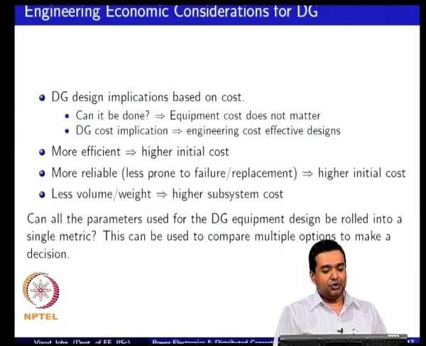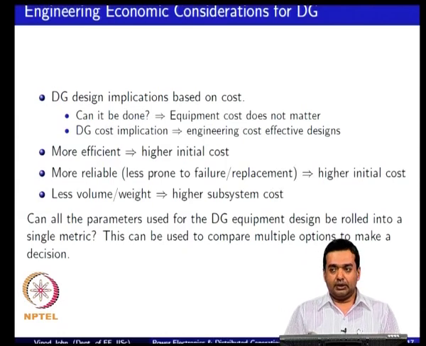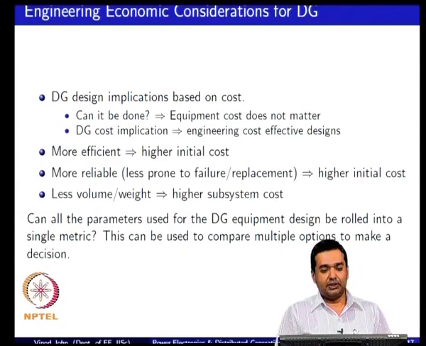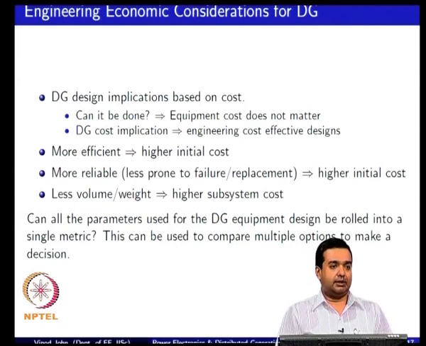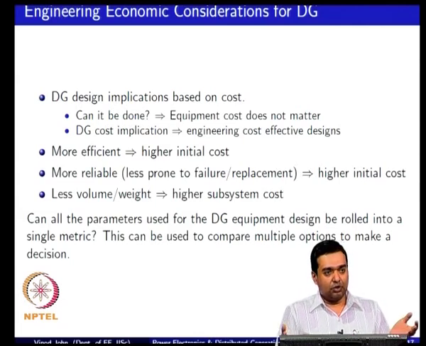So you need to roll in the different aspects of design, including efficiency, reliability, weight, and transportation constraints. The reliability has implications on how often you do servicing. So many of these things have to be rolled into a single metric, and then you make a comparison. The design that you are doing, is it heading in the right direction or not.